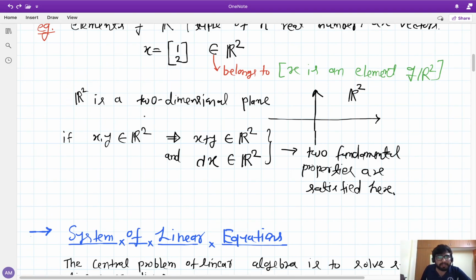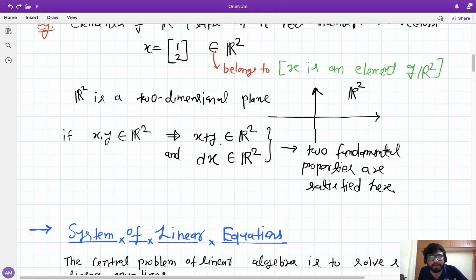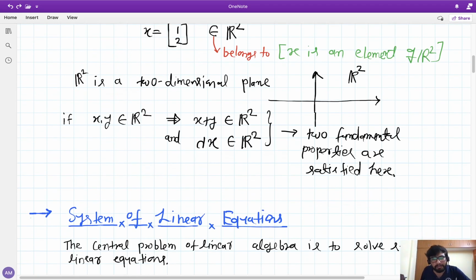So let's check the properties of this vector. If we take two vectors from the R^2 two-dimensional plane and add them, it is quite intuitive that the resulting vector has to be in R^2. And again, if you take a vector and multiply it by a scalar, it will scale the vector, but ultimately the result will also be a vector in the same R^2 plane.